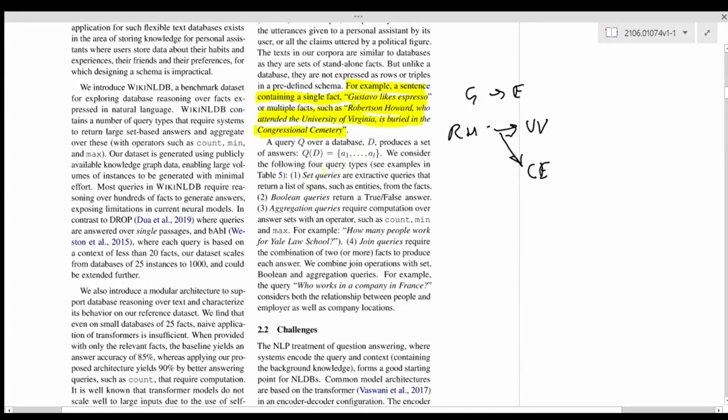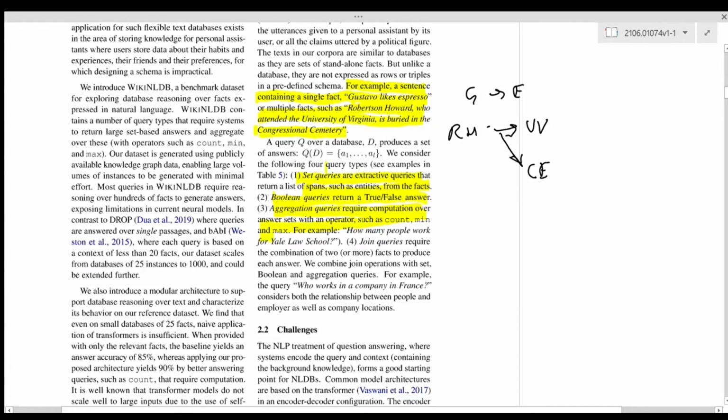First, set queries are queries that return a list of spans, such as entries from the facts. Then there can be Boolean queries that return a true or false answer. There can be aggregation queries that require computation over answer sets with operators such as count, mean, and max.